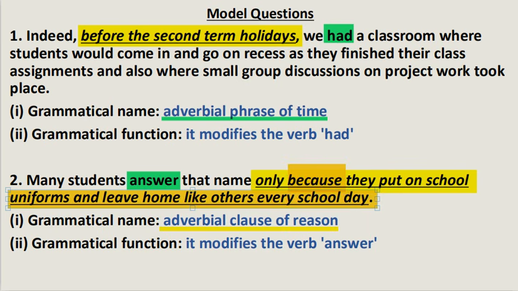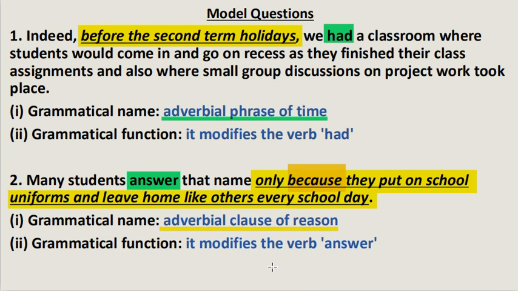Sometimes the group of words given to you could pose a little challenge. You might be able to know that this group of words is an adverbial clause, or you even know that it is an adverbial phrase, but you do not know the type of adverbial clause or the type of adverbial phrase it is. You know that this is an adverbial phrase, but you do not know whether it is an adverbial phrase of time or an adverbial phrase of manner.